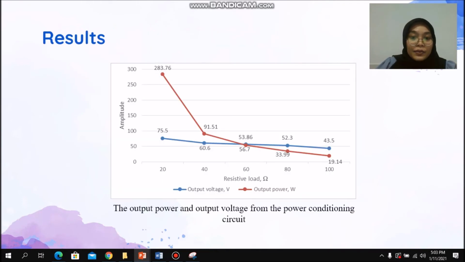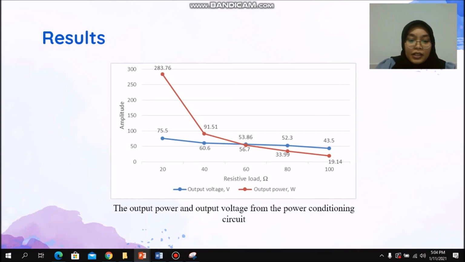As we can see here, when the resistive load increases, the output voltage and also the output power increase. The highest output voltage is 75.5 volts, and the highest output power is 283.76 watts.